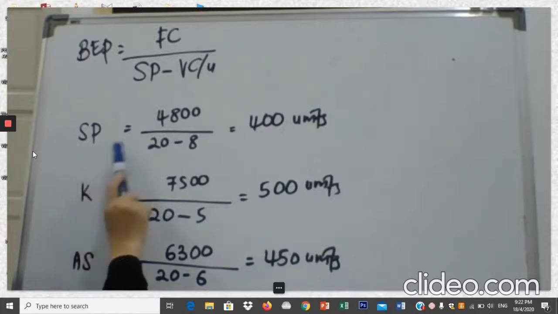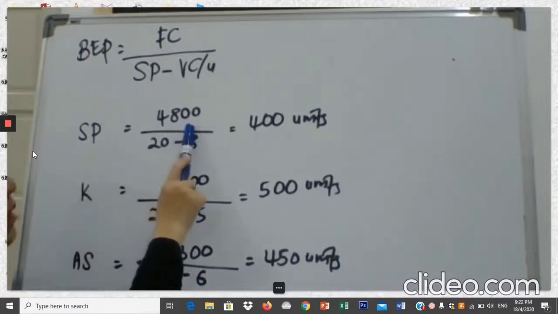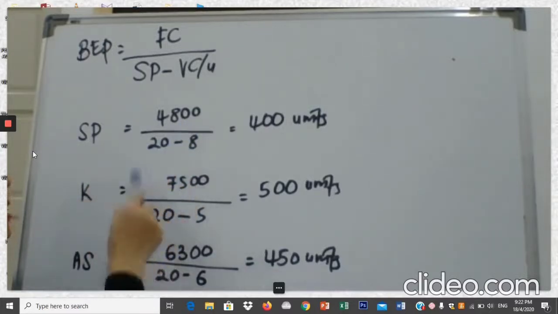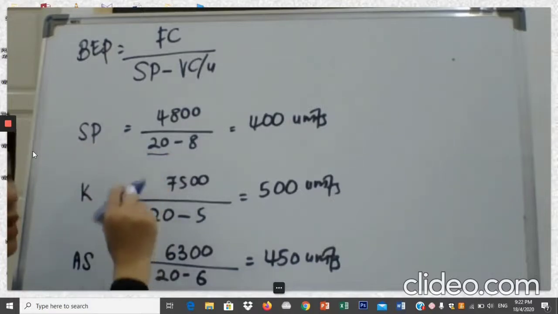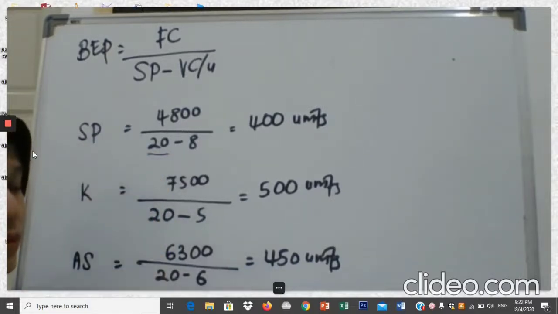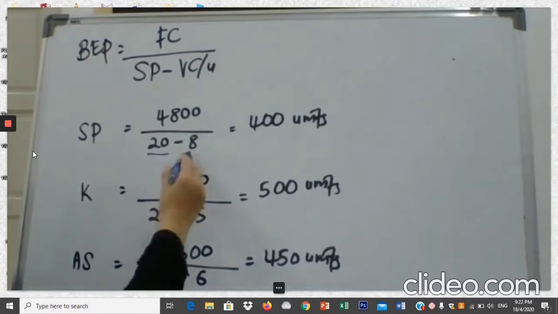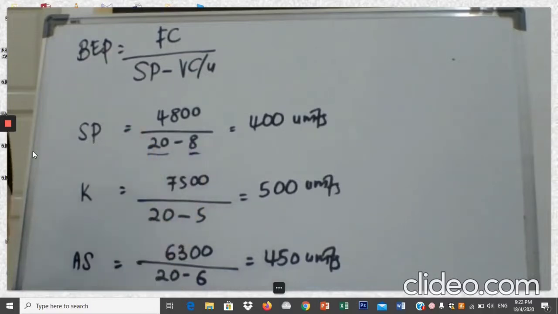For Sungai Petani, fixed cost is given as 4,800 and the selling price is 20 ringgit. You can get the 20 ringgit from the last sentence in the example: if the company plans to sell its product for 20 ringgit per unit, that is the selling price of the product. The variable cost given for Sungai Petani is 8 ringgit.